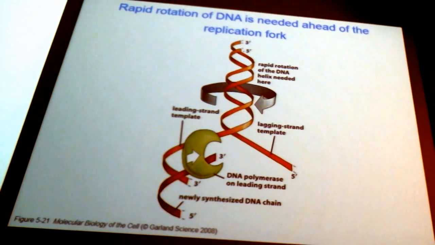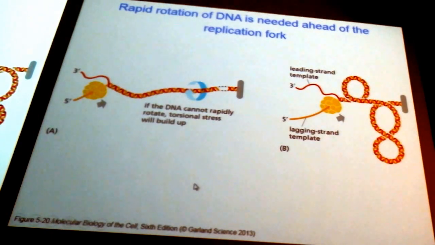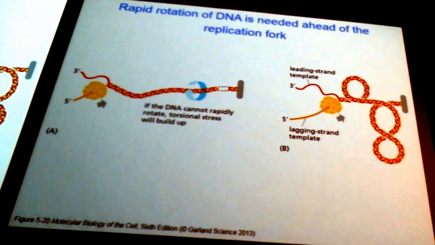Old telephone cables used to be used as an analogy for this. So here's the problem. You're trying to make more and more DNA on this side, but the base paired region is getting really tangled up, so you need to quickly move it around. Okay? So you quickly need to unwind that. So that untangling, how is that achieved? That's what we'll talk about next.